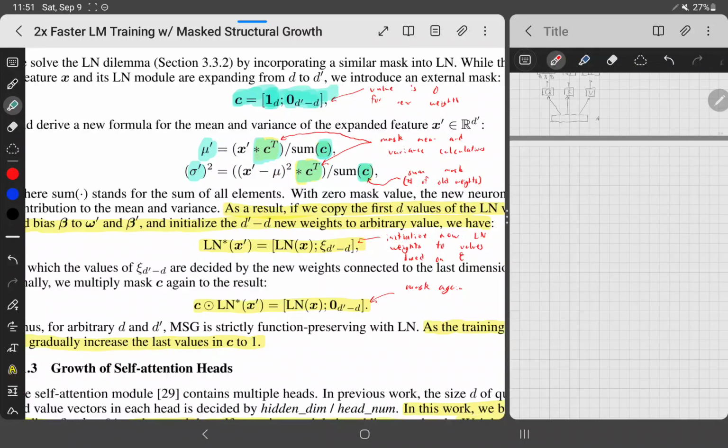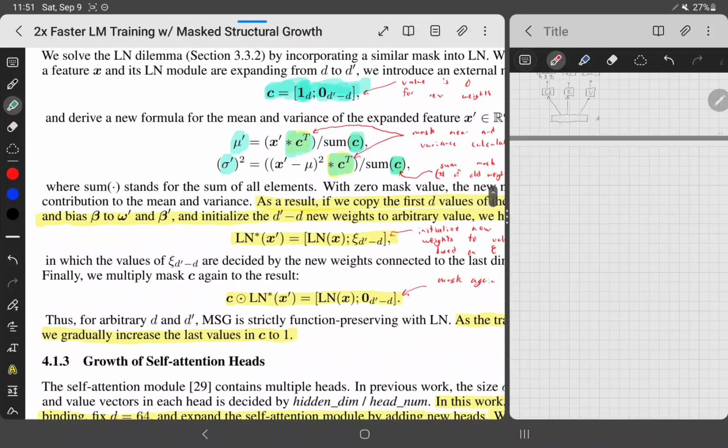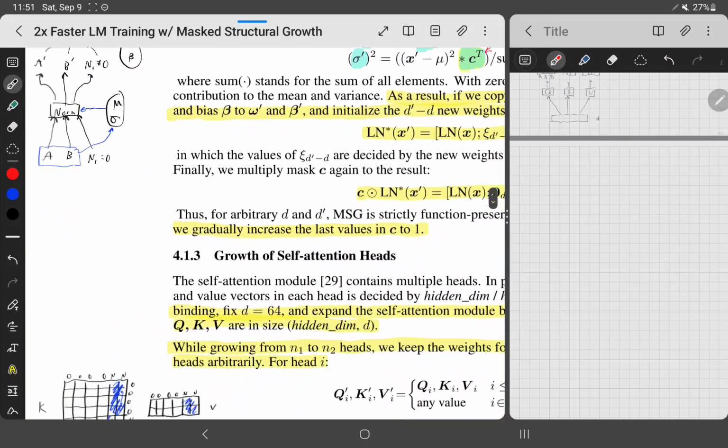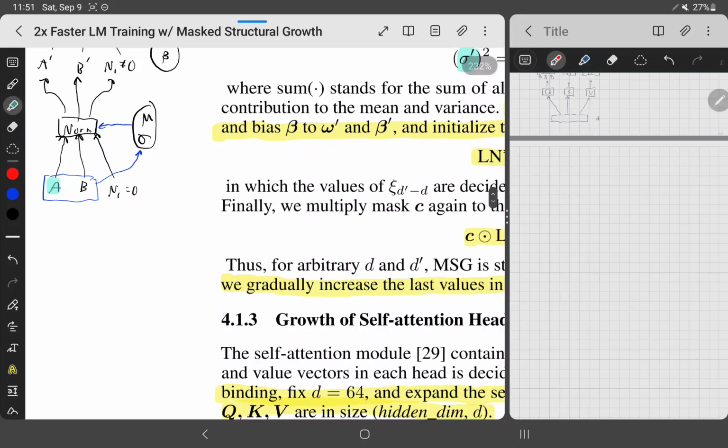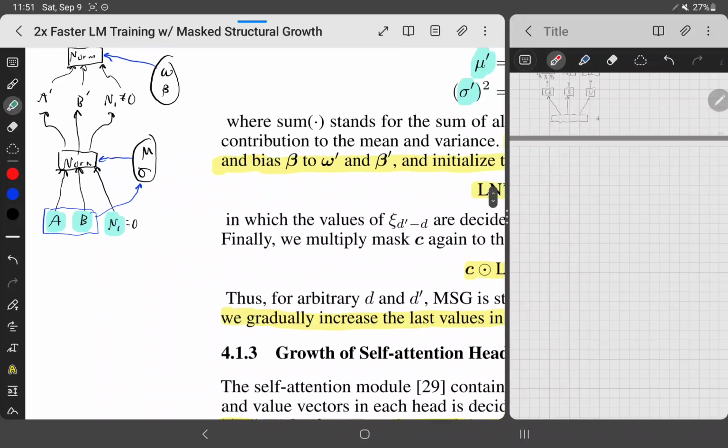You mask it by multiplying your x's by zeros if your x's are new data. So if we go over here, maybe we have A and B, and that's our old data, and then we have n sub 1, and that's our new data.